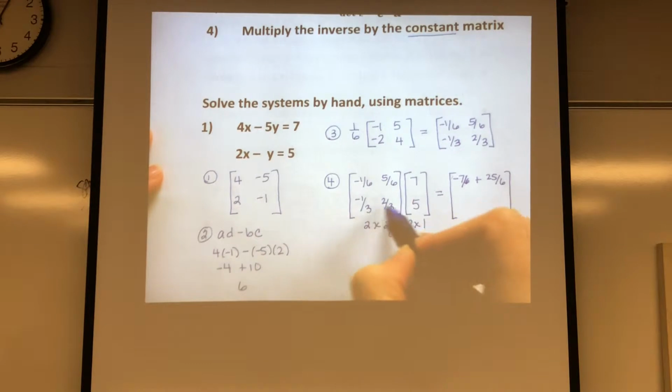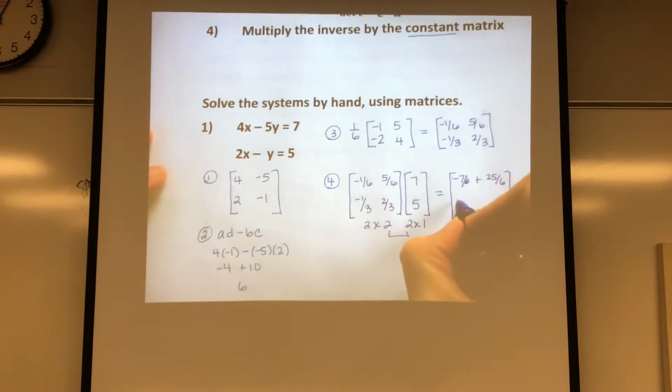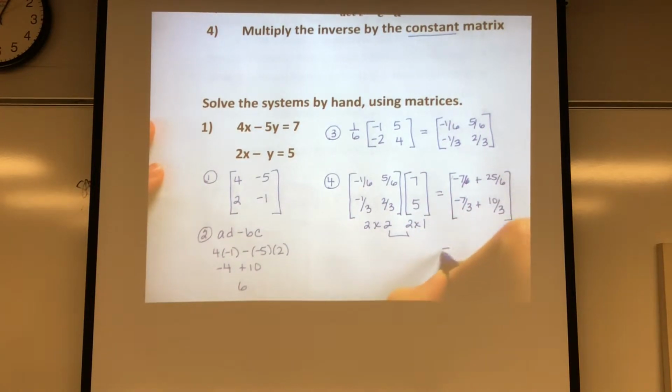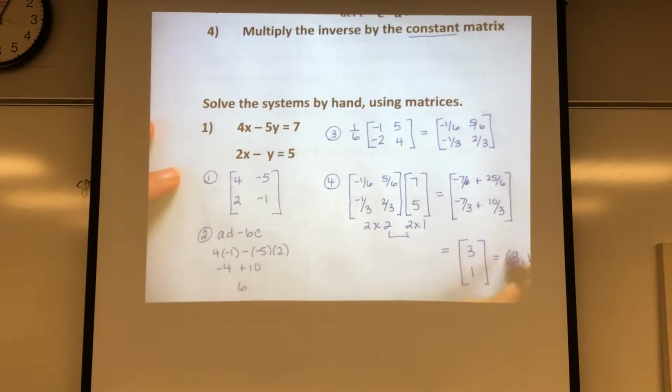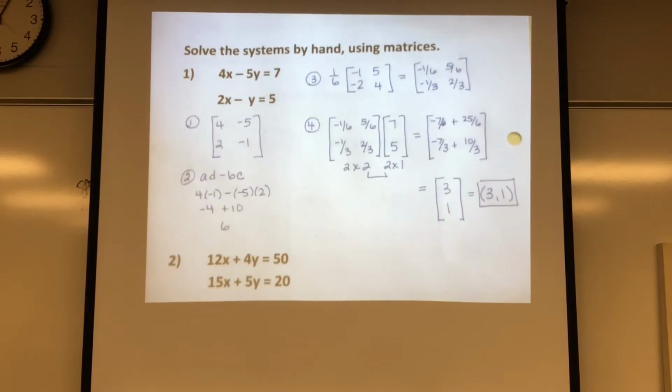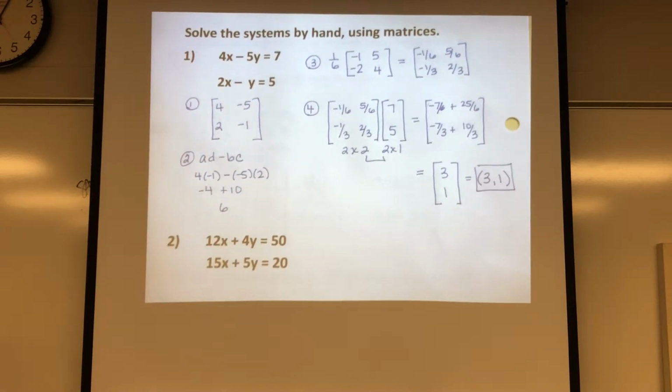Then we take the second row times this column, so -7/3 plus 10/3, and when we simplify that, we get the matrix 3, 1, which simply equals the ordered pair 3, 1, which means that that system, those two lines, intersect each other at the point 3, 1.